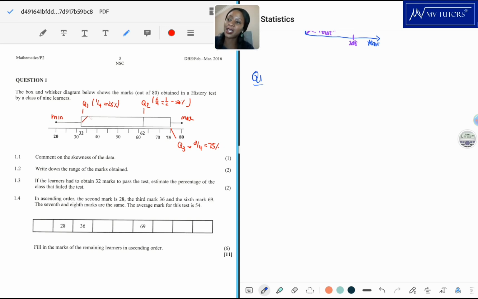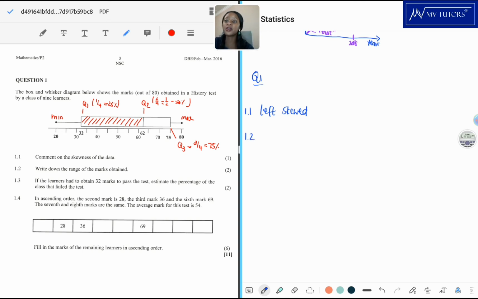Just by looking at that, the left hand side has the most space, so it would be skewed to the left. Left skewed, or negatively skewed. Now it's 1 mark, so we're not going to go into that much detail.